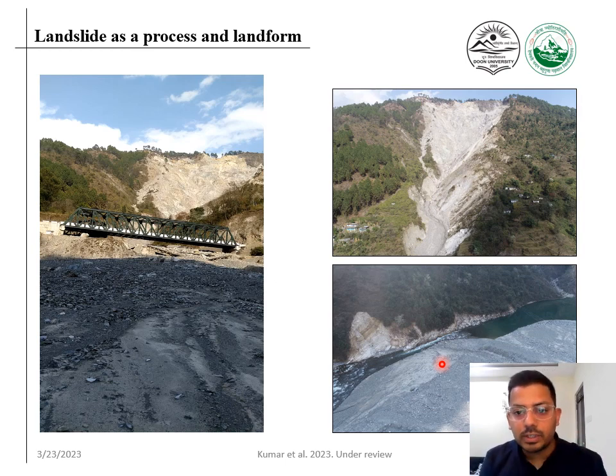It gets deposited at the slope toe, and in between you have the zone of transportation. Landslide generally occurs as a response to triggering, and this triggering can be caused by rainfall, or by earthquake. These two factors are the most dominating triggering factors.